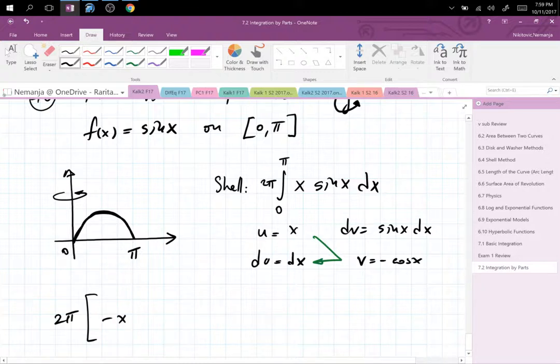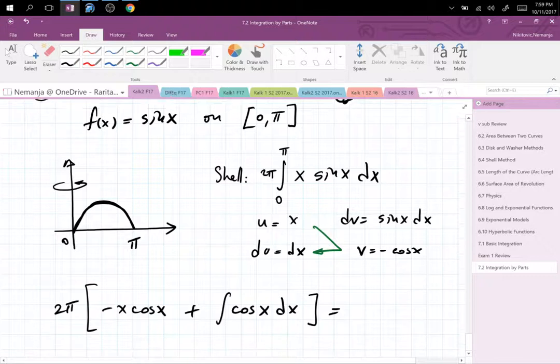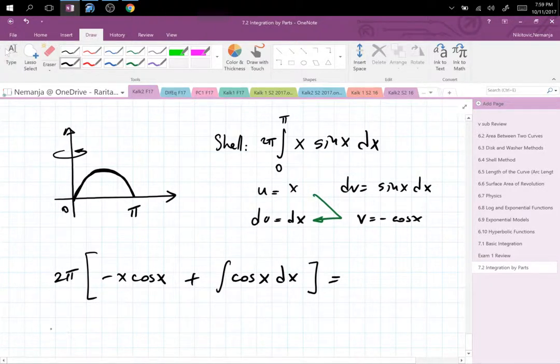Negative x cosine x. Minus and minus gives me plus the integral of cosine x dx. So now we apply this 2 pi so we don't have to keep copying parentheses. What's the integral of cosine? Very good.